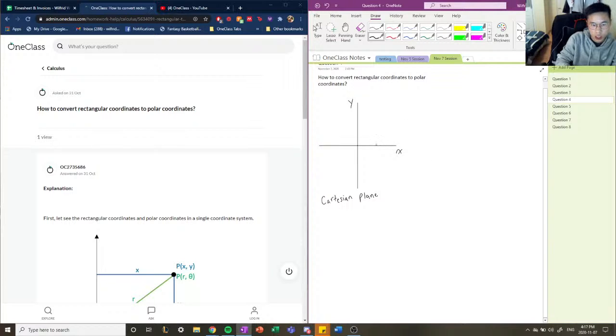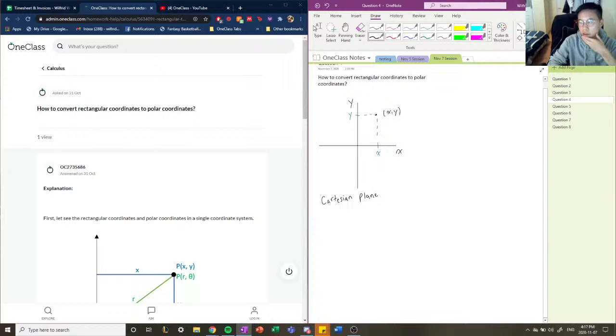For example, let me use different colors here. If this is x here, and this is the y over here, this resultant point here is the point (x, y) on the Cartesian plane, or a rectangular coordinate, because it makes a rectangle, right?